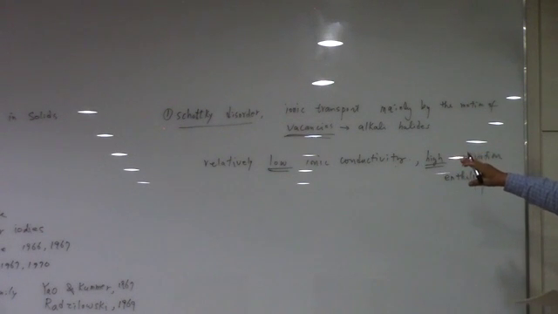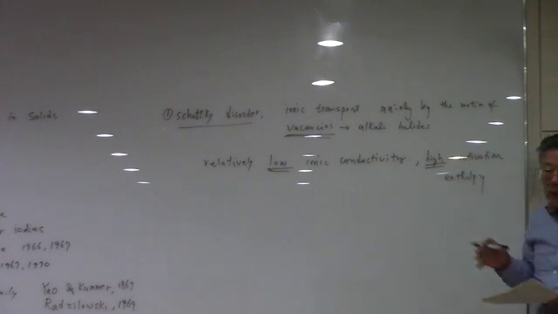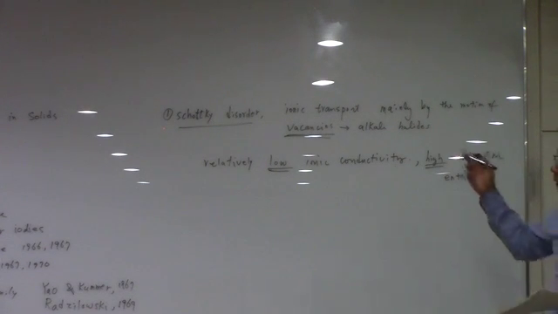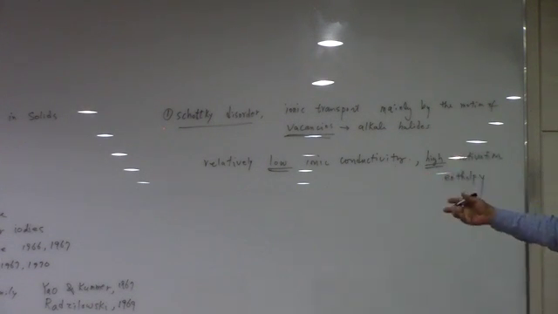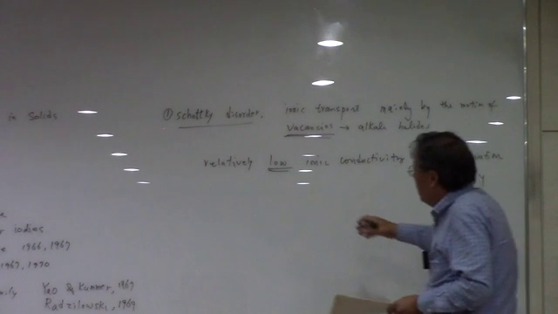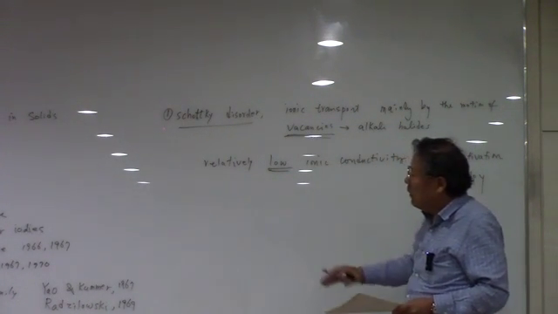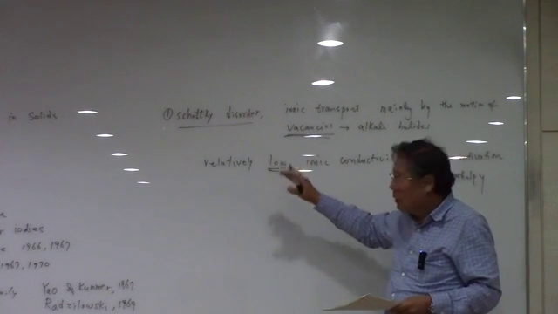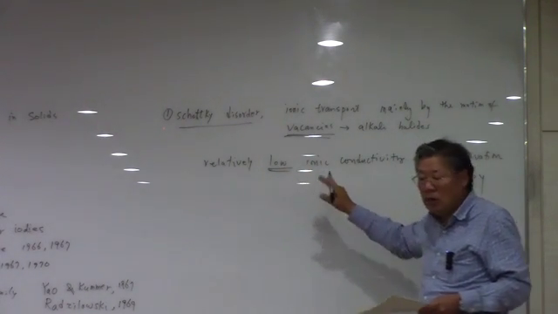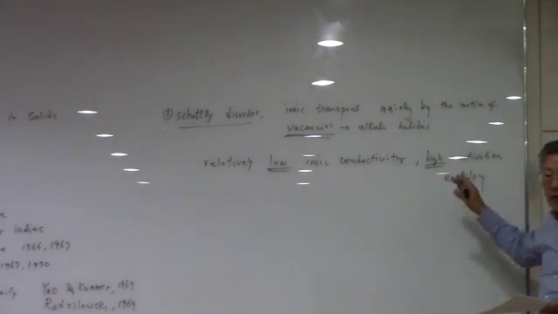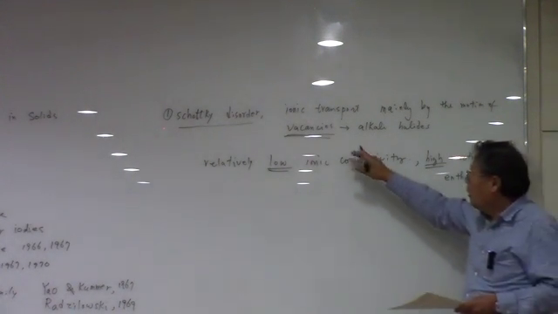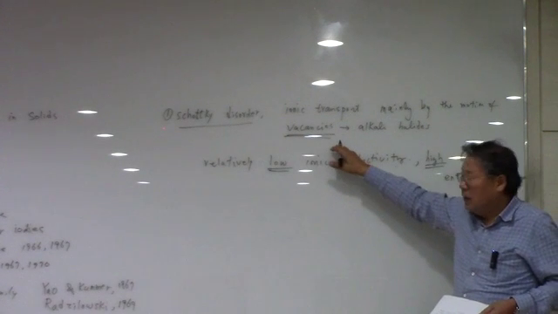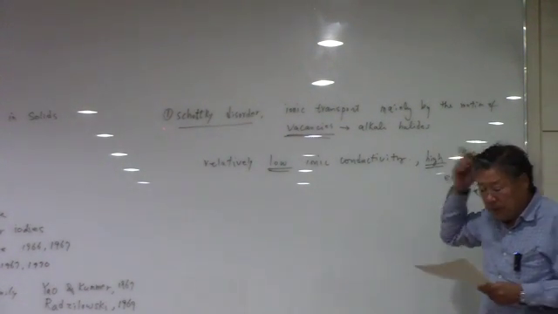So Schottky disorder materials can belong to the fast ionic conductors, but among the fast ionic conductors, the materials with a Schottky disorder show a relatively low conductivity, high enthalpy, because the transport is done by the vacancy motion.